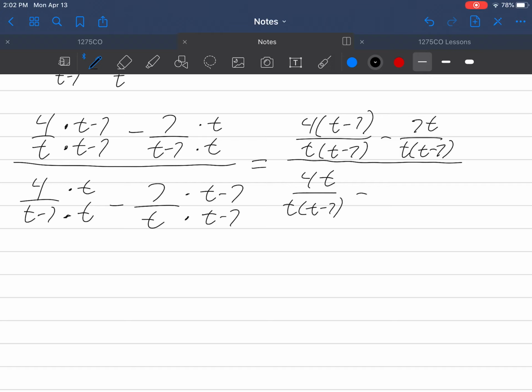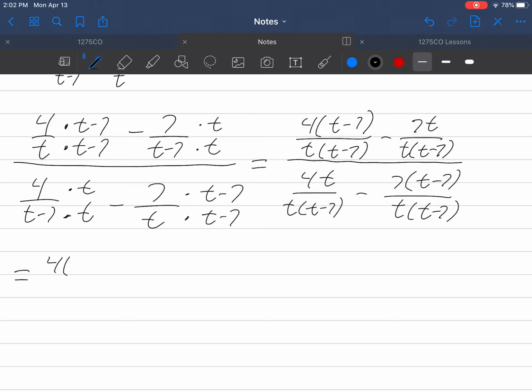4 times t over t times t minus 7 minus 7 times t minus 7 over t times t minus 7. Now, again, look at here. We did not do this multiplication. Leave it alone. We did not do this multiplication over here. Leave those alone, okay?